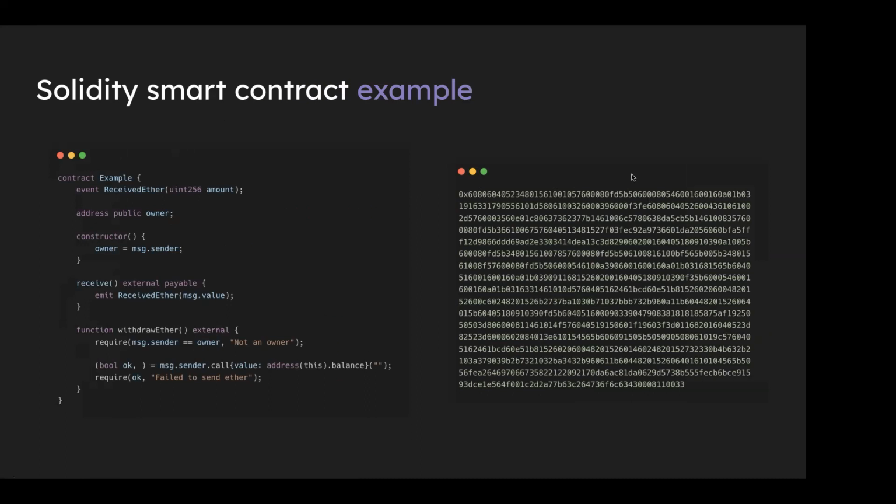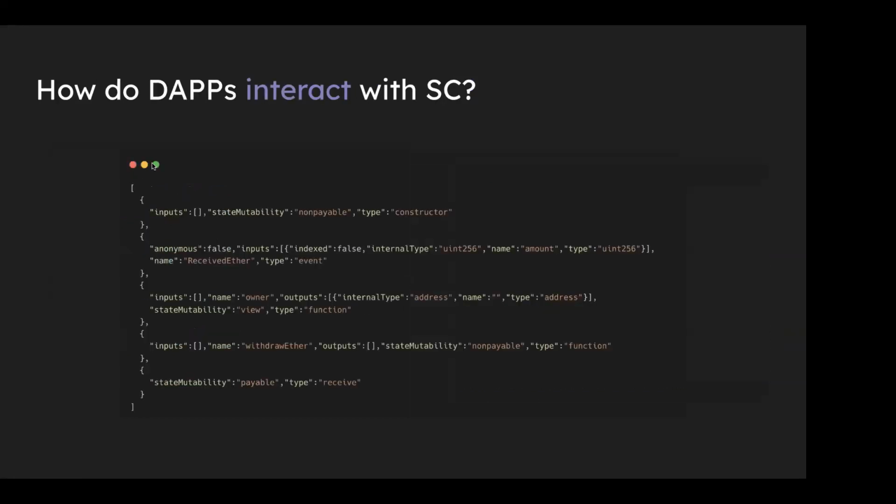But how do you actually know that the smart contract has the functions and know which parameters to pass into those functions? So in order to help with that, compilers together with the bytecode produce an application binary interface, or ABI in short.